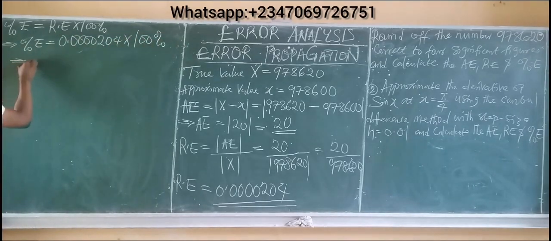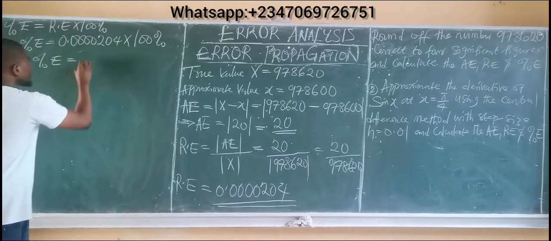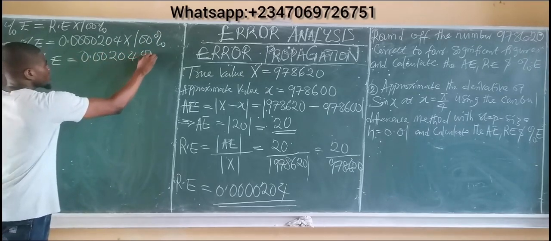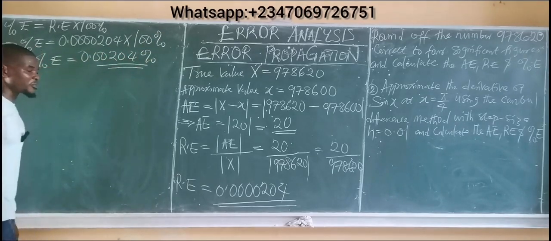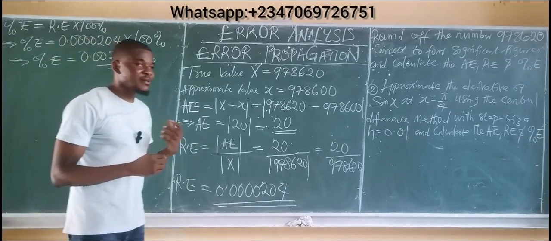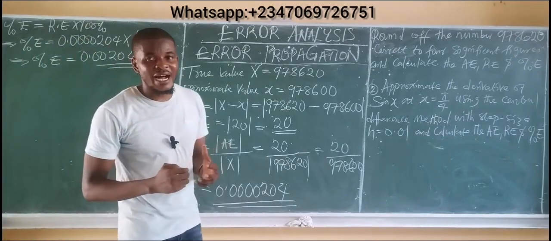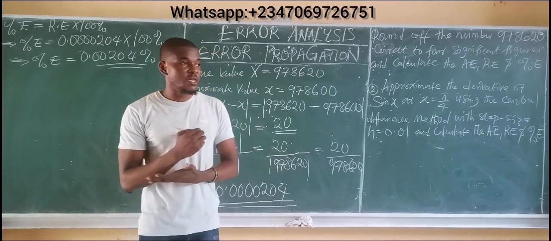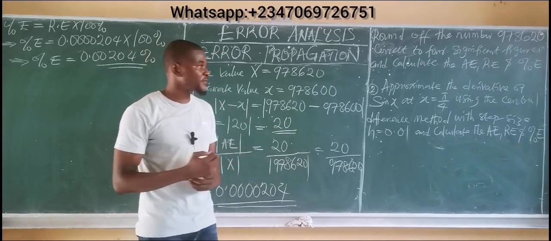So this simply implies that our percentage error is going to be equal to 0.00204%, and this is our percentage error. So that's how you calculate the absolute error, the relative error, and the percentage error when you're given to round off a given function. Now let's consider the second question.